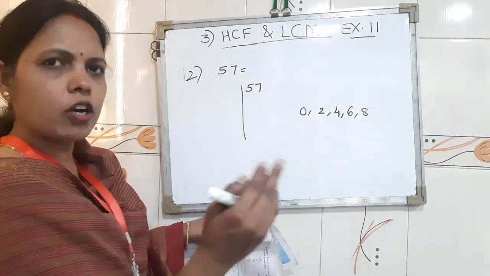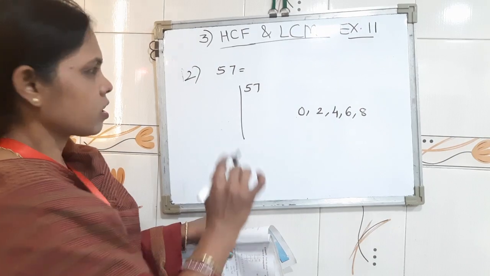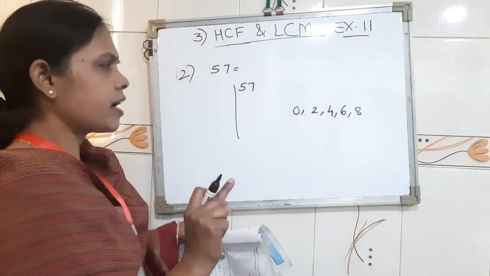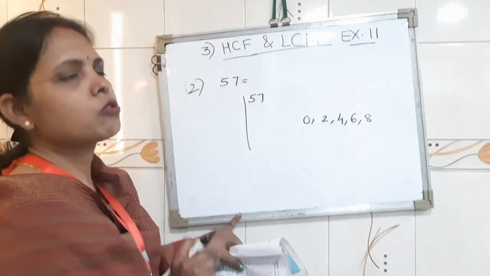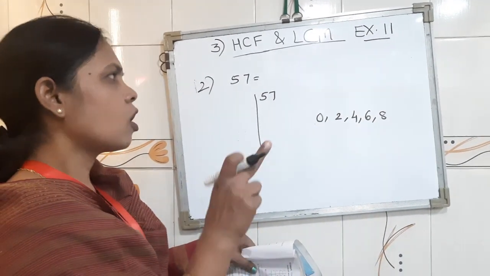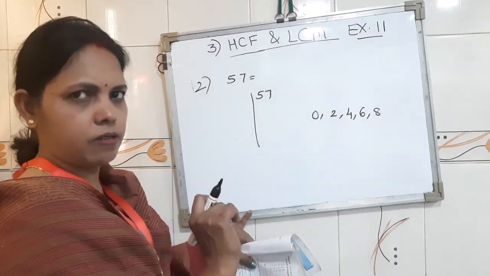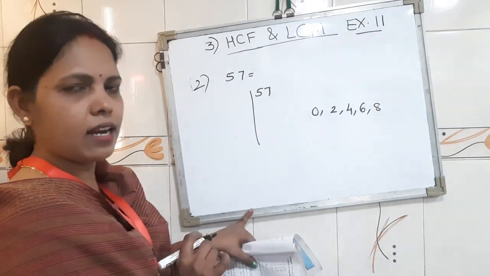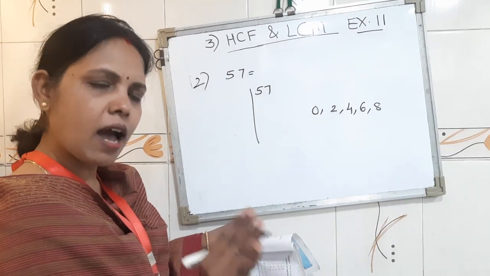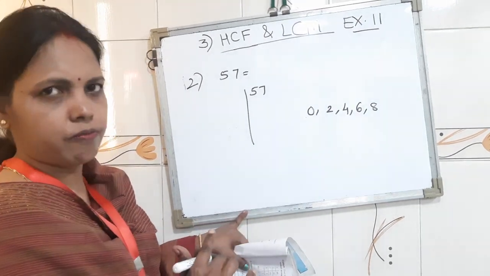Further we will move to the next prime number, 3. Now for dividing by 3, the addition of the digits should be in the table of 3. 5 plus 7 is 12. We are getting 12 in the table of 3.